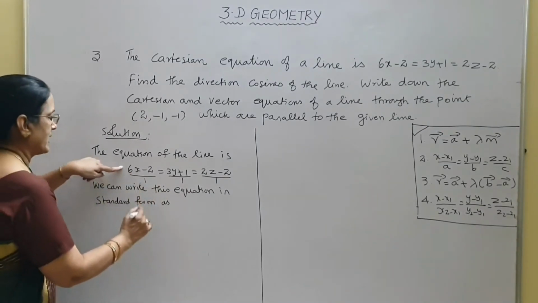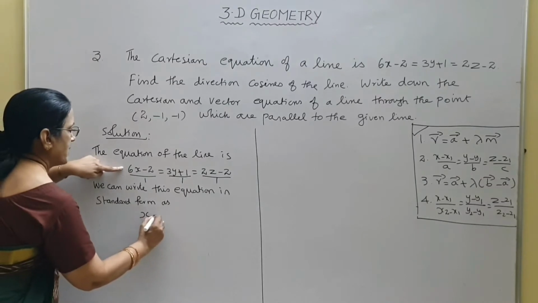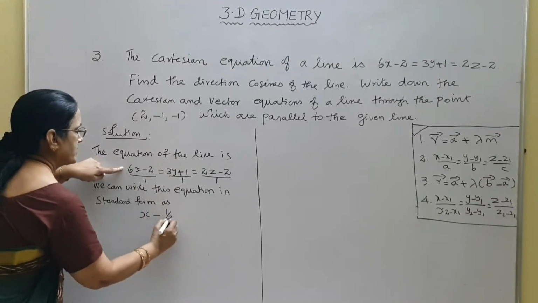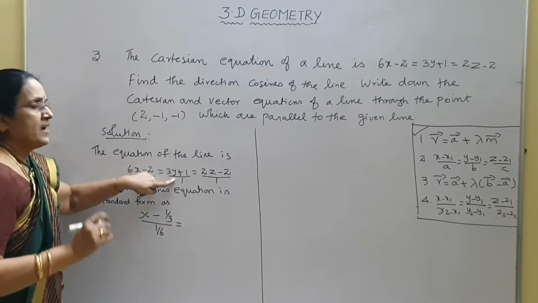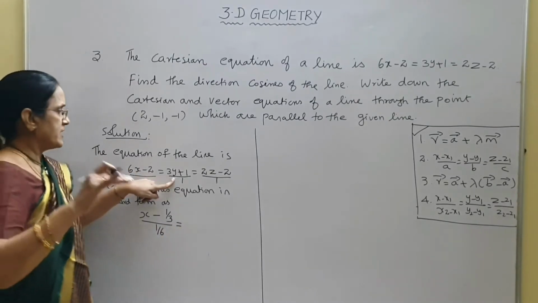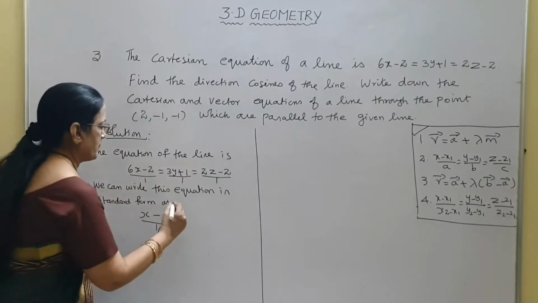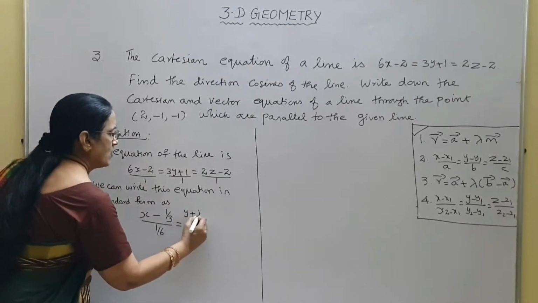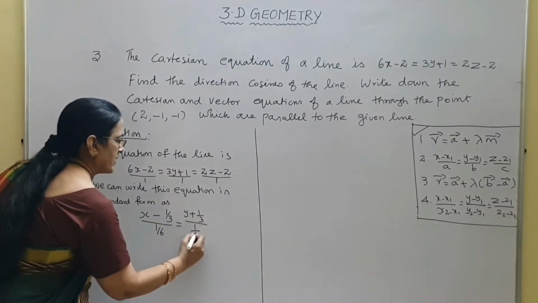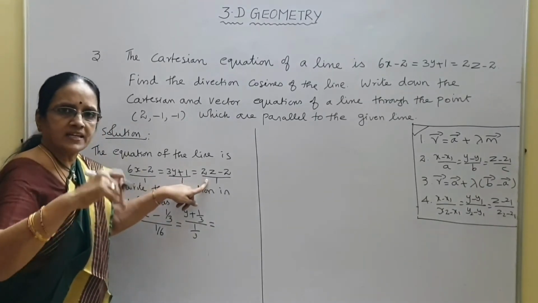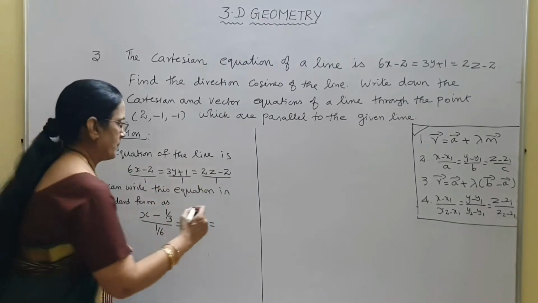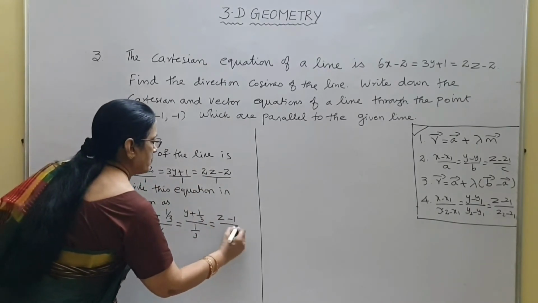So what will I be getting? x minus 1 by 3 over 1 by 6 equals, here I have to divide the numerator and denominator by 3, so I will be getting y plus 1 by 3 over 1 by 3, which equals, here I need to divide the numerator and denominator by 2, so I will be getting z minus 1 over 1 by 2.